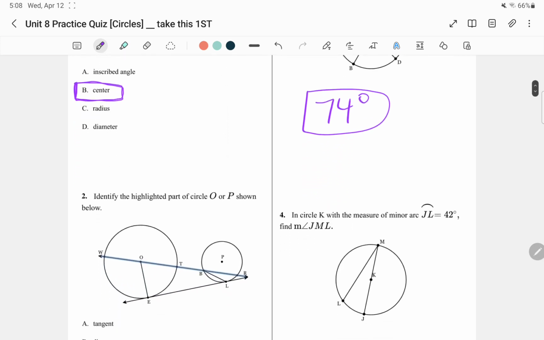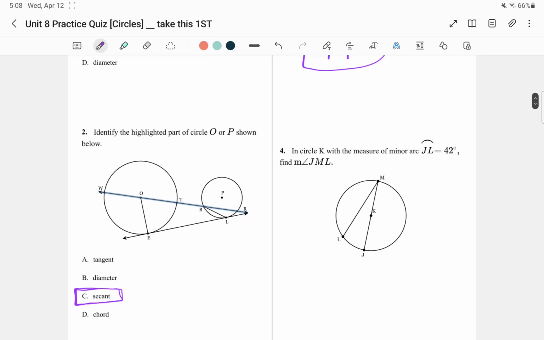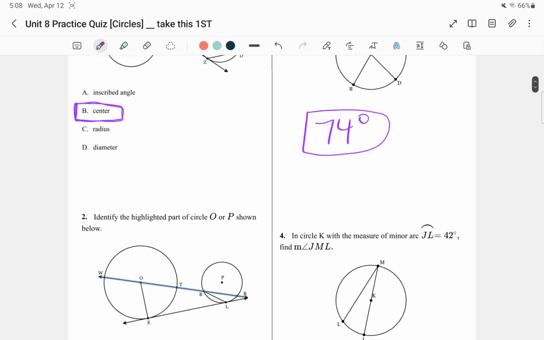Now for number 4, it says in circle K with the measure of minor arc JL of 42 degrees, find the measure of angle JML. So is this one central or inscribed? This one is inscribed, right? And how do we know the difference? Actually, let's go back and clarify that.